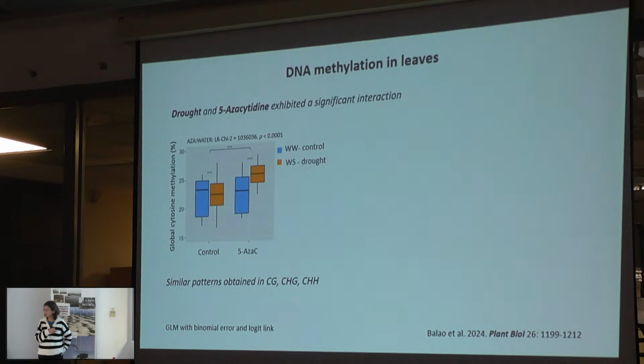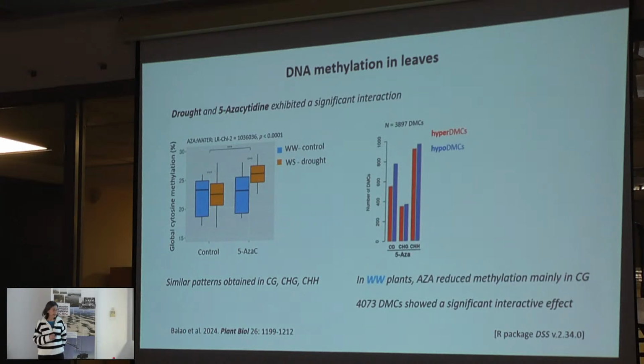But when you analyze with this method, we found a significant interaction. Here we can see that in well-watered plants, azacitidine reduces methylation, and this in the CG context. This was expected, because azacitidine blocks one of the methylation enzymes that mainly affects this context.